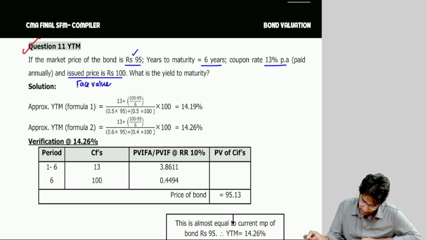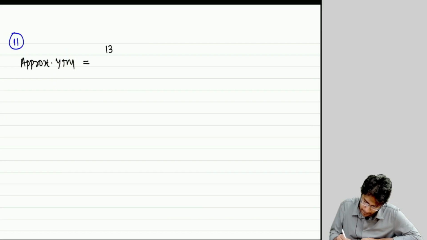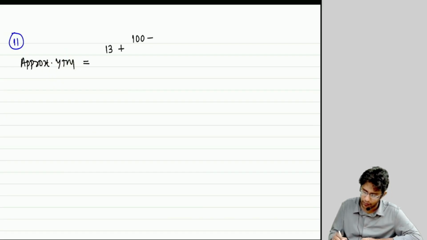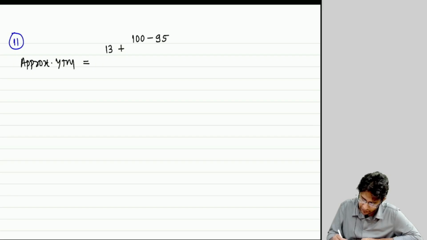All this is not required. Approximate YTM is equal to coupon amount, 100 rupees into 13%, just 13, plus maturity, nothing is given, par value minus market price today 95, divided by life of the bond, 6 years, whole divided by.